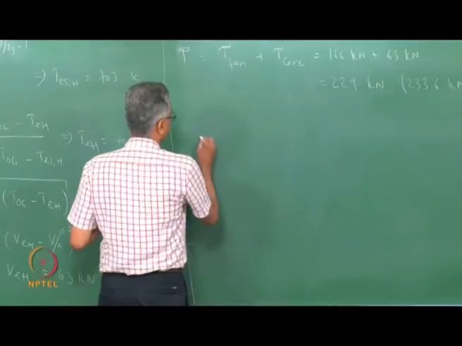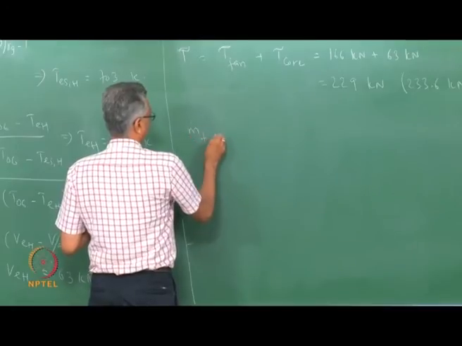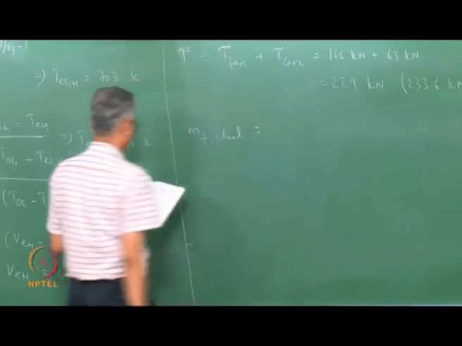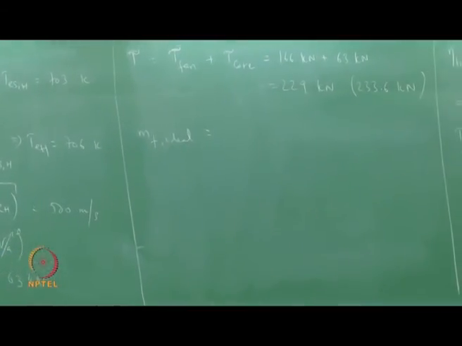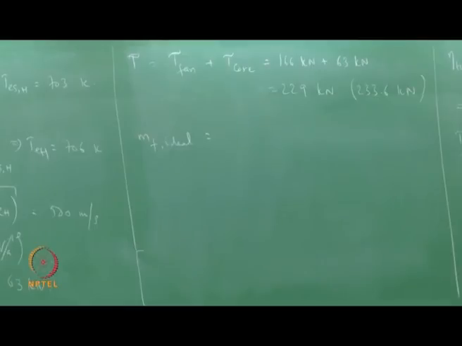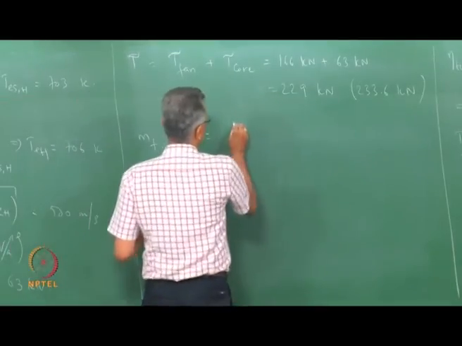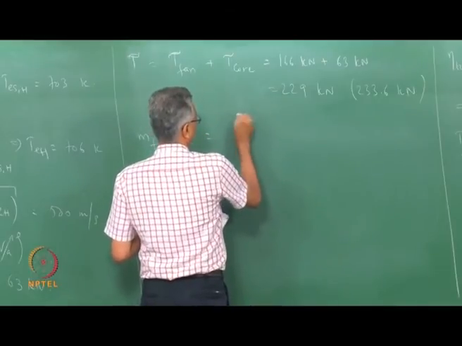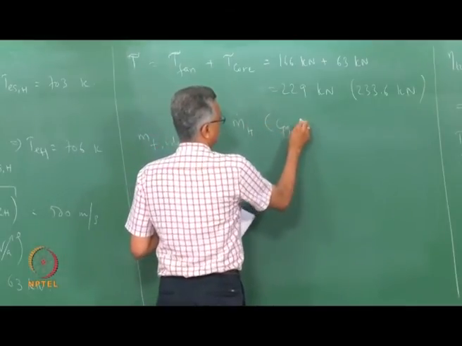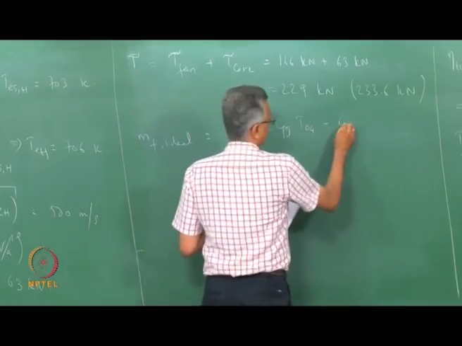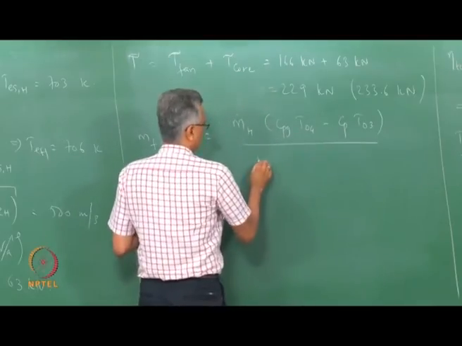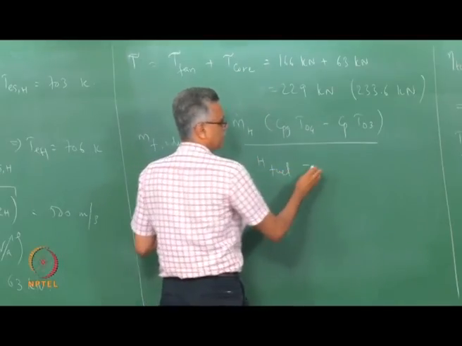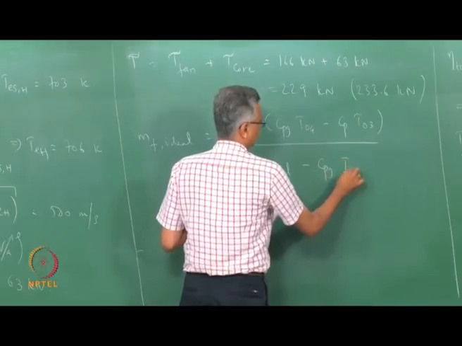So mf dot ideal is equal to mh dot times CPG T04 minus CP times T03 divided by H fuel minus CPG times T04.